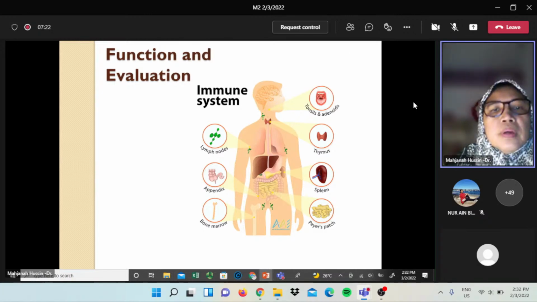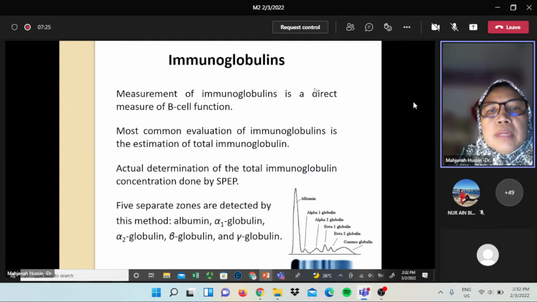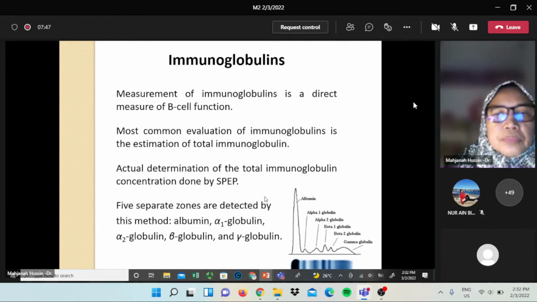As you remember, the immunoglobulins, normally we see the function, a direct measure of B cell function, because only the B cell produces antibodies. So if there is antibody, or no antibody, or how much antibody, it is only from the B cell. Okay, we can see that.